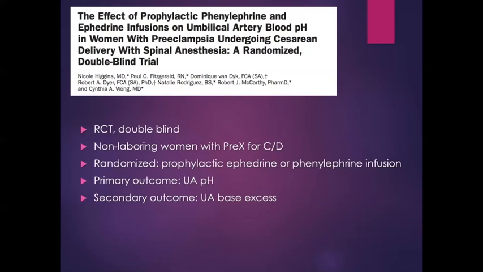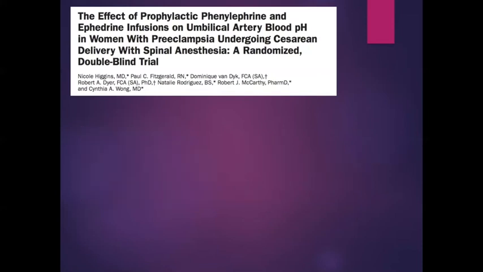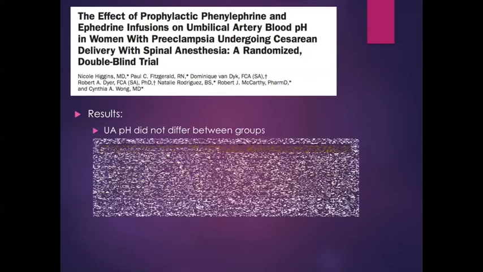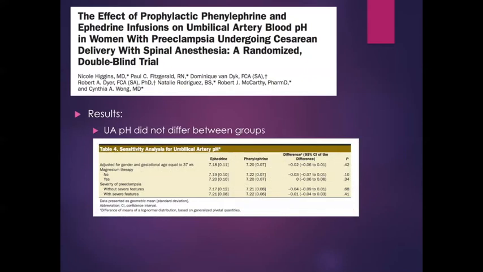110 women were enrolled in the study. Mean umbilical arterial pH was not different between groups. There was also no difference in the umbilical artery pH stratified by magnesium therapy or by the severity of preeclampsia.